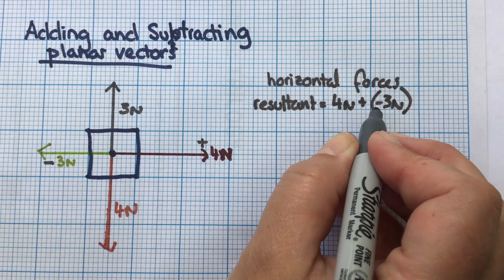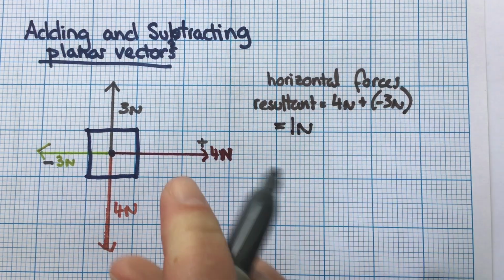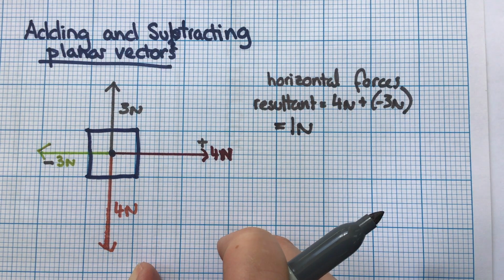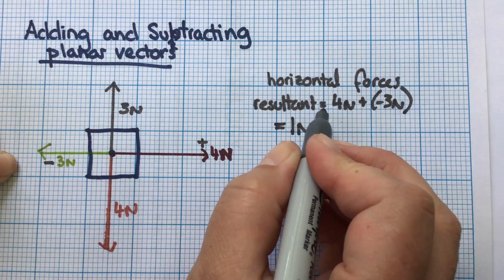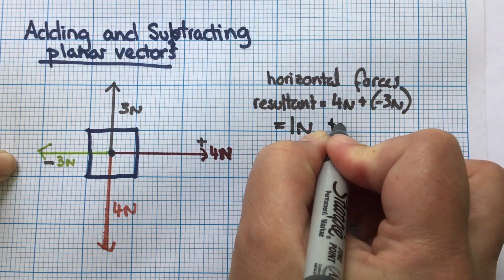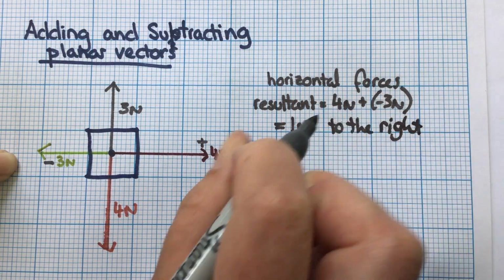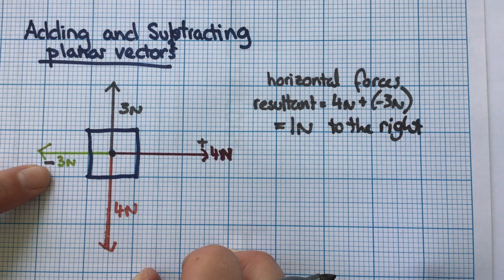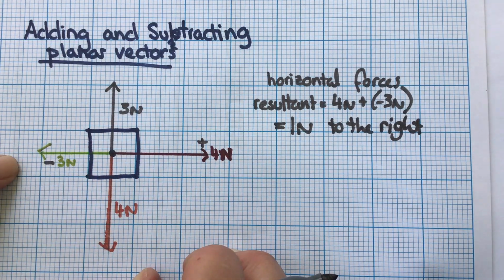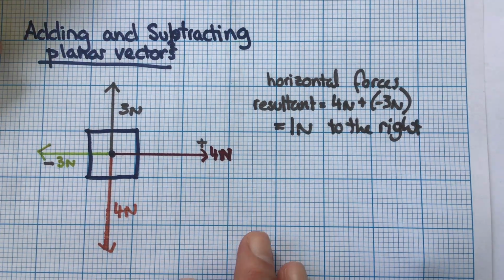If I do this sum, 4 minus 3, my overall resultant force has a magnitude of 1 newton, and we can tell from the directions that it's positive, so we can say to the right. So it's got magnitude and it's got direction, and I've remembered to make one direction positive and the other direction negative on that plane before I add them together. Now we can do exactly the same thing for the vertical forces.